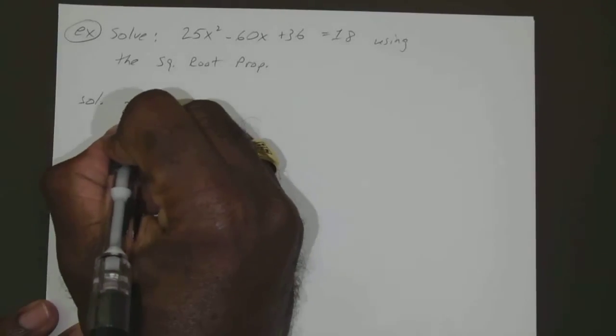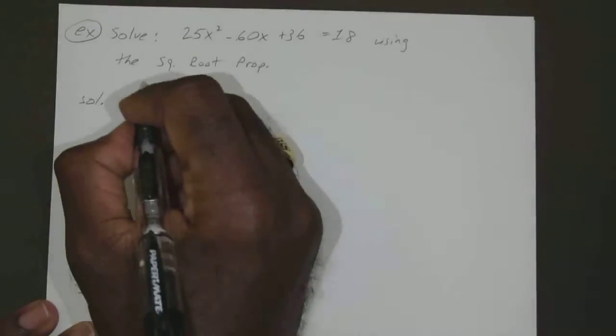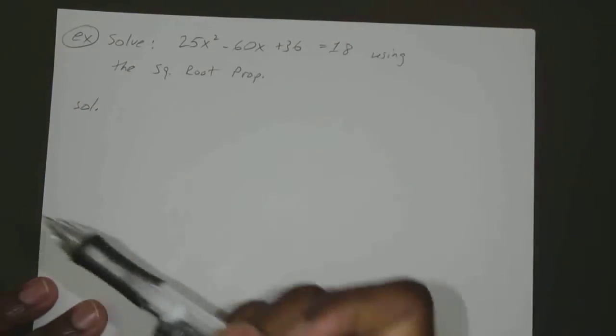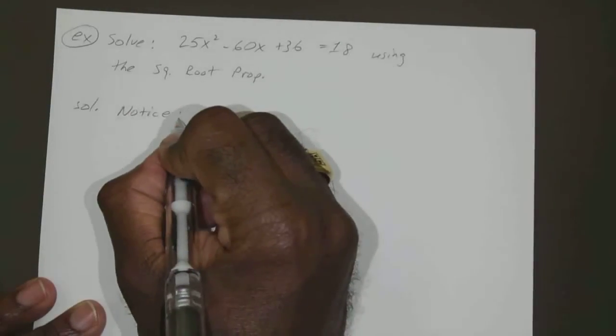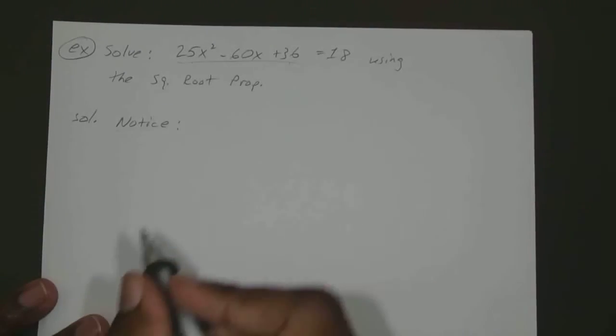Okay, so let me go ahead and rewrite it. Actually, for this one, let me word it a different way. So let's say you want to notice that remember your first and last term, those are the ones you want to look at.